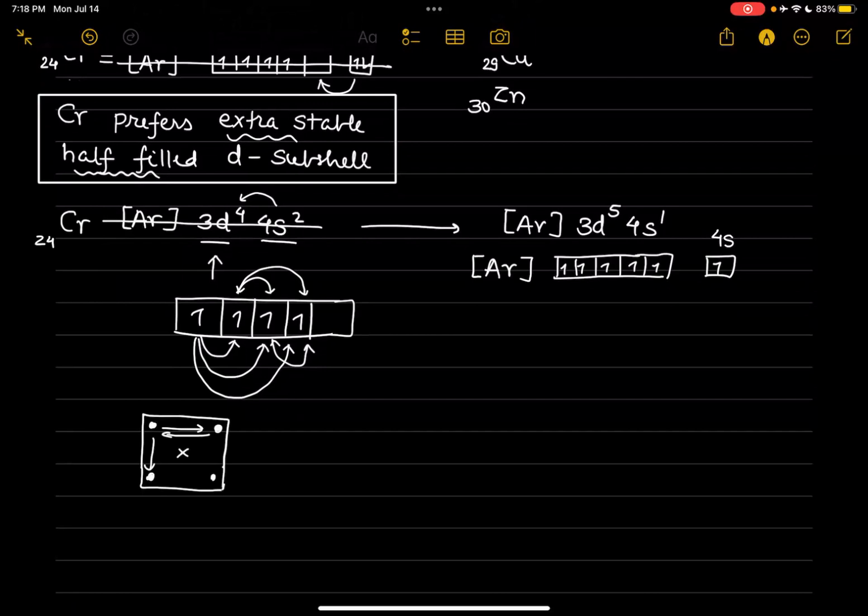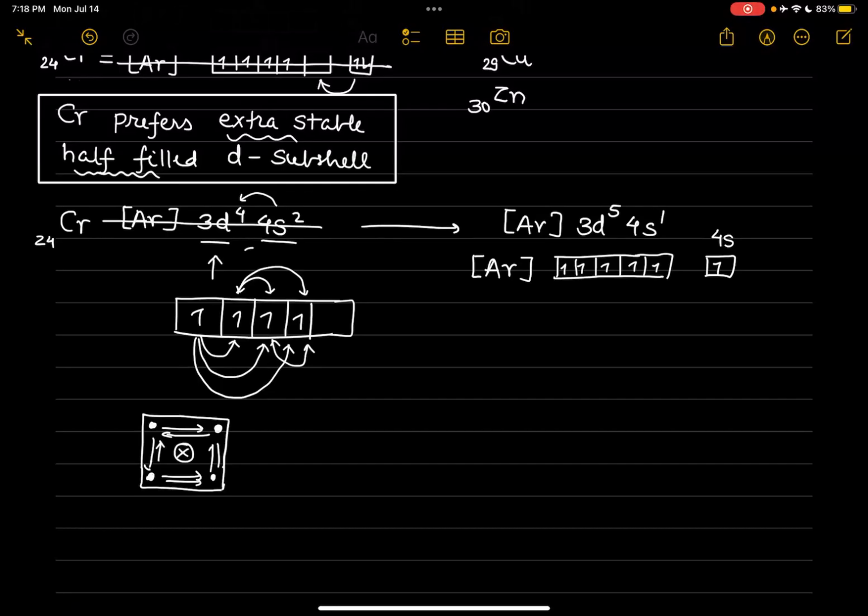Maybe I don't know whether you have played it or not. The person standing in the middle will try to occupy a corner if it is empty. So the people at the corners exchange their positions with each other. Similarly, the electrons within a subshell exchange their orbitals.